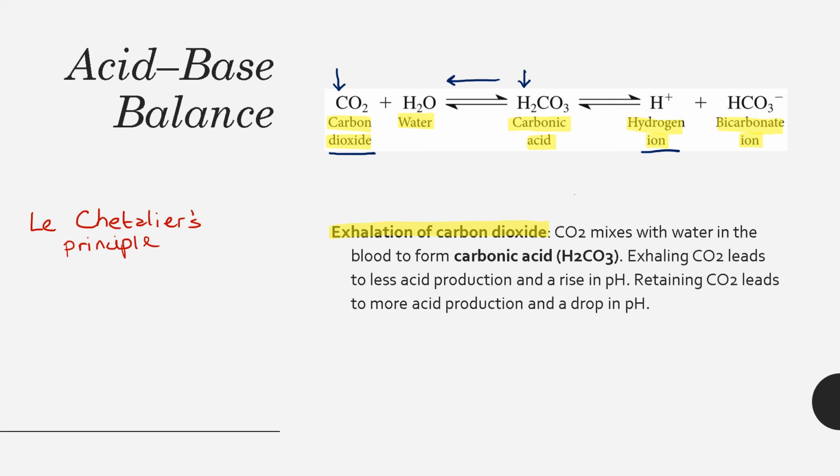So back to our equation up here. When we breathe out more carbon dioxide, we're getting rid of that carbon dioxide, and so we've got to use more carbonic acid to create more carbon dioxide. So that level of carbonic acid decreases because we are shifting our equation to the left here. Now, at the same time, because this is a longer equation, when we decrease our carbonic acid, we're also going to be decreasing stuff on the right side of this equation.